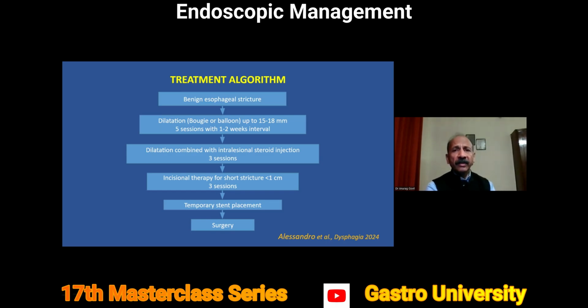So you dilate them with either bougie or balloon, going up to 15 to 18. If within 5 sessions at weekly or twice weekly intervals you don't move ahead, then you combine these dilatations with intralesional steroid injections. If 3 sessions of steroids don't help, then you go ahead and use incisional therapy.